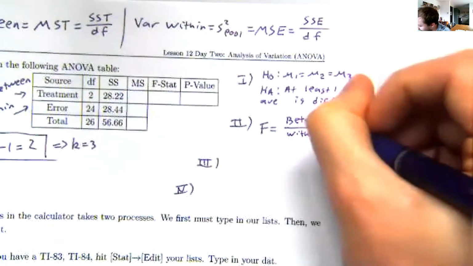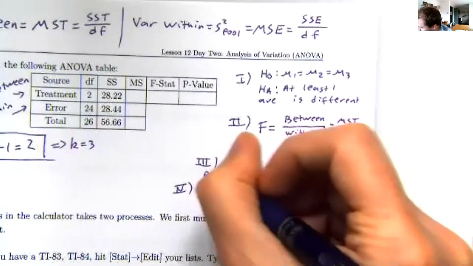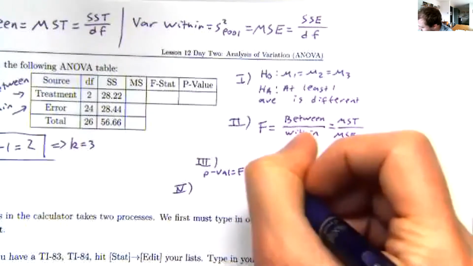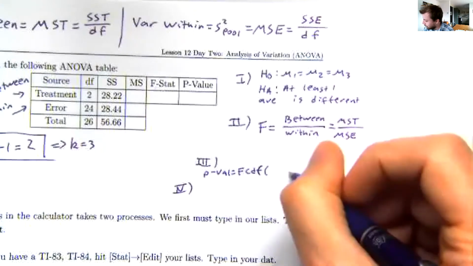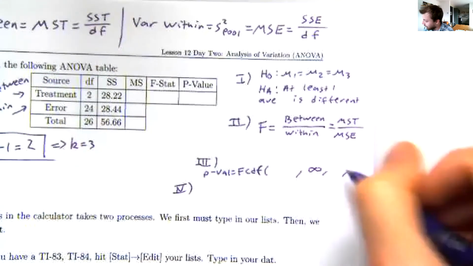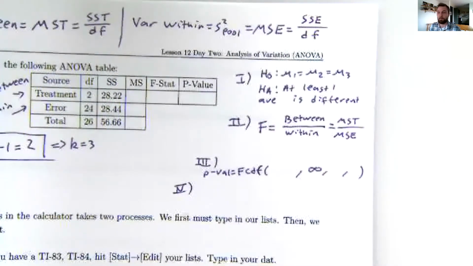I'm going to go back and calculate what these values are to do that comparison. But once I have these values, I'm going to find my p-value by doing FCDF. Whatever this number ends up being, comma, infinity, it's always a right-tailed test, comma, my first degree of freedom, comma, my second degree of freedom.